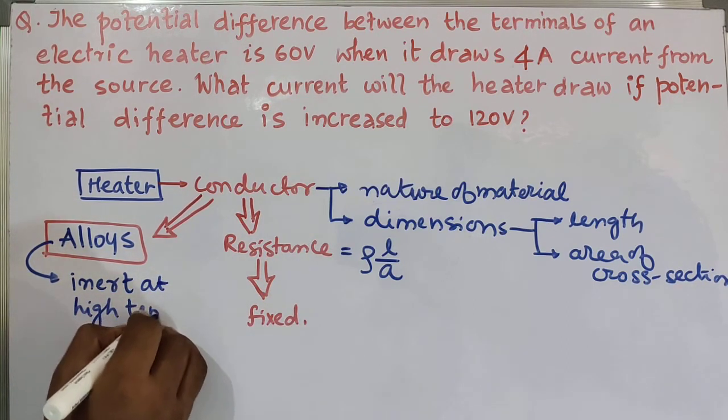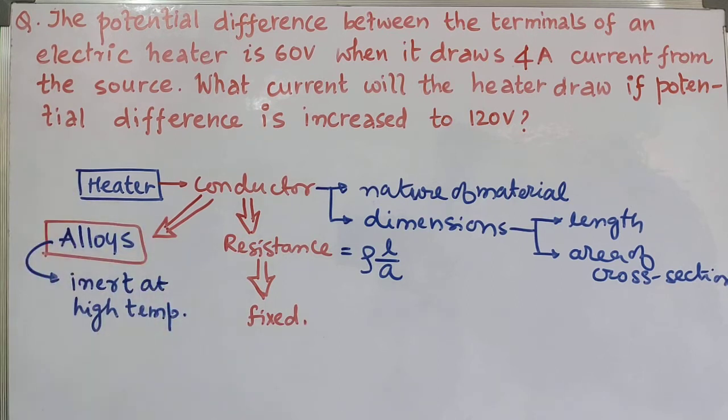Obviously, if you are using a heater, it will work at a higher temperature. At that higher temperature, if you use pure metals, then they will get easily oxidized or will react with the gases around them or other substances in the environment. For example, if we are using a water heater, the conductor will be in contact with water. At high temperature the reactivity increases and it will obviously react with water.